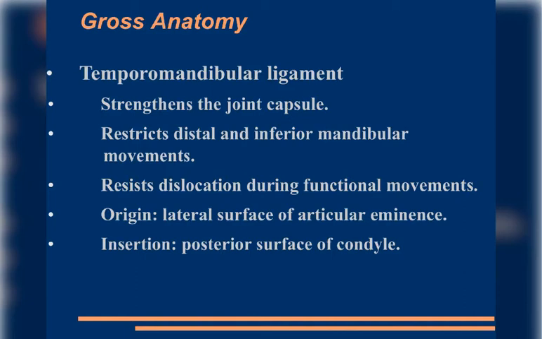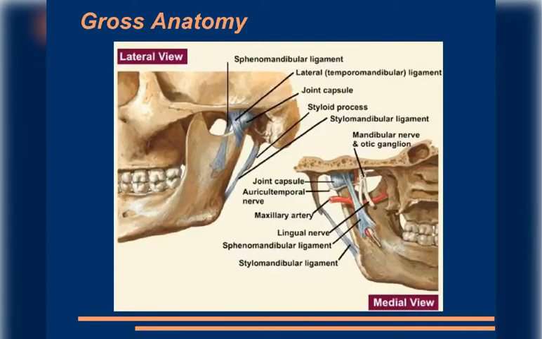It originates from the lateral surface of the articular eminence and inserts in the posterior surface of the condyle. Here we see the lateral temporomandibular ligament, which is here.